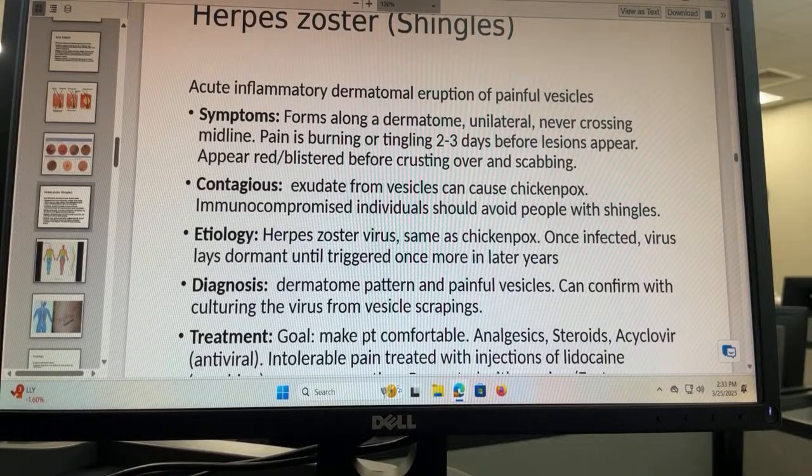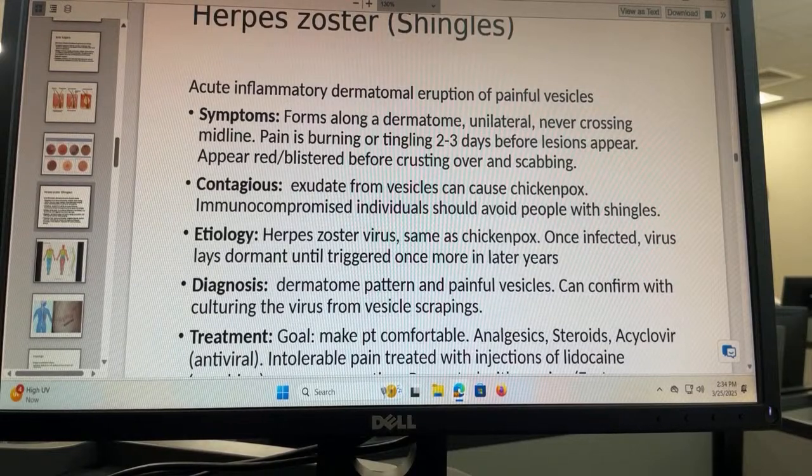Once you've gotten infected with it, you have the virus for life. It just lies dormant in your nerve cells, and then for whatever reason, when you get older, something triggers it, whether it be stress or sickness or illness, and it flares up.